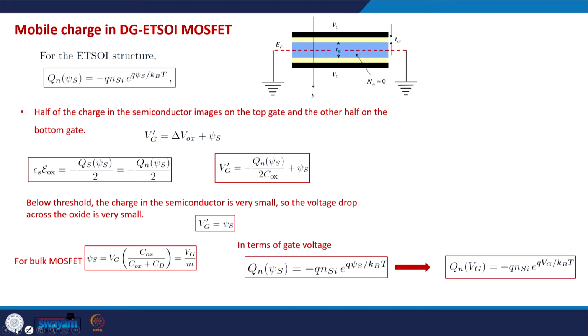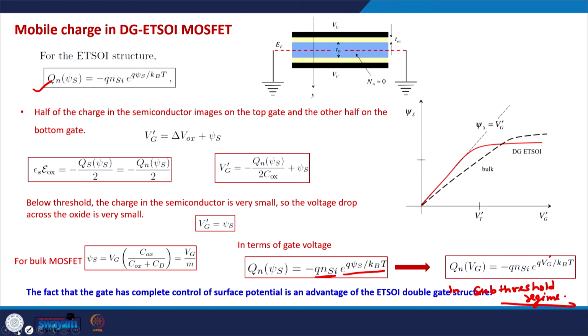In terms of gate voltage, the mobile charge is minus q times n silicon exponential q psi s by kT, and now psi s is just equal to Vg prime. So Qn can be represented in terms of gate voltage like this in the subthreshold regime. So now the gate has complete control over the surface potential, and that is an advantage of the DG-ETSOI structure.